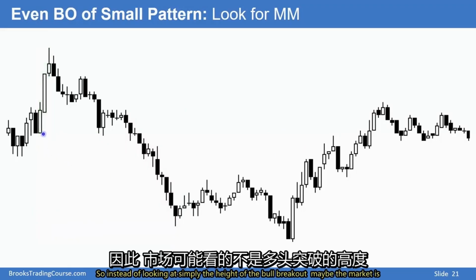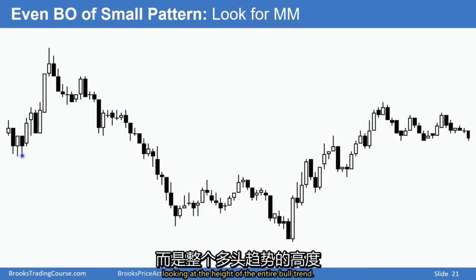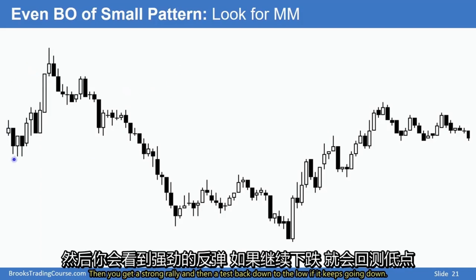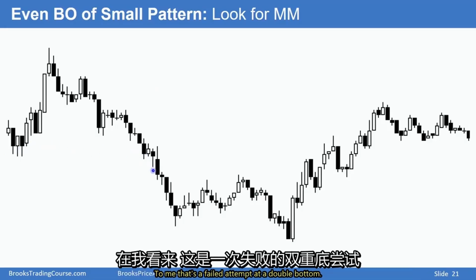So instead of looking at simply the height of the bull breakout, maybe the market is looking at the height of the entire bull trend. Bulls wanted a double bottom, did not get it. When you get a strong rally and then a test back down to the low, if it keeps going down, to me that's a failed attempt at a double bottom.